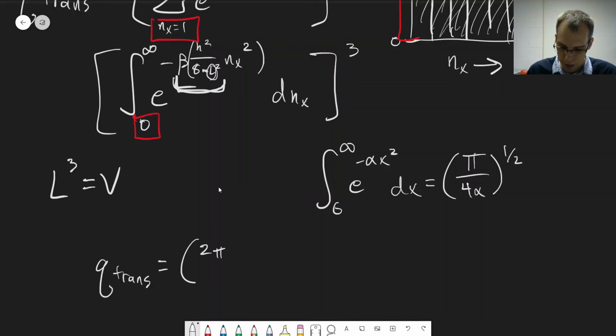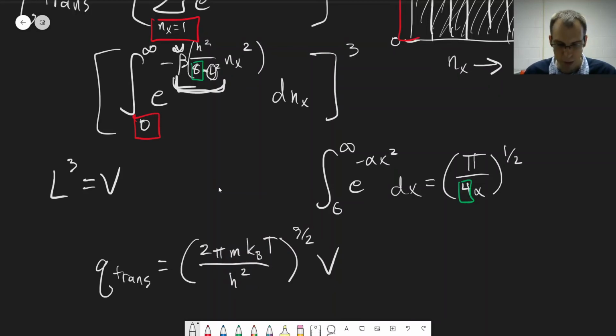Now the 2 comes from the 8 down here and the 4 here, so 8 over 4 is equal to 2. 2 pi times m kbT, that's our beta, divided by h squared, raised to the 3/2 power times volume. This volume comes from our L squared, which we take the square root of, and then cube, because we cube it up here. And so that is the translational partition function.